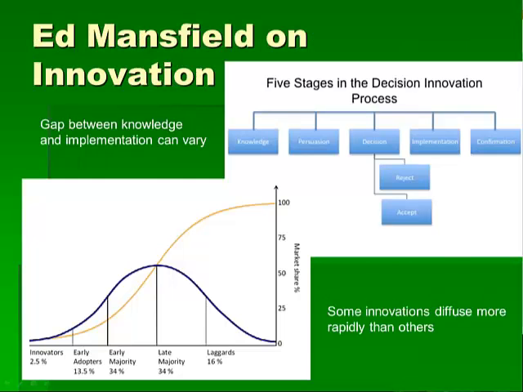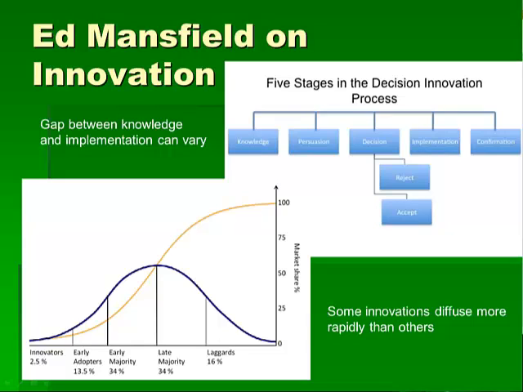Ed Mansfield, an economist, was very interested in this phenomenon, as you can see in the chart in the lower left, his work on how knowledge had to occur before the implementation of that knowledge, and that the gap could change over time.